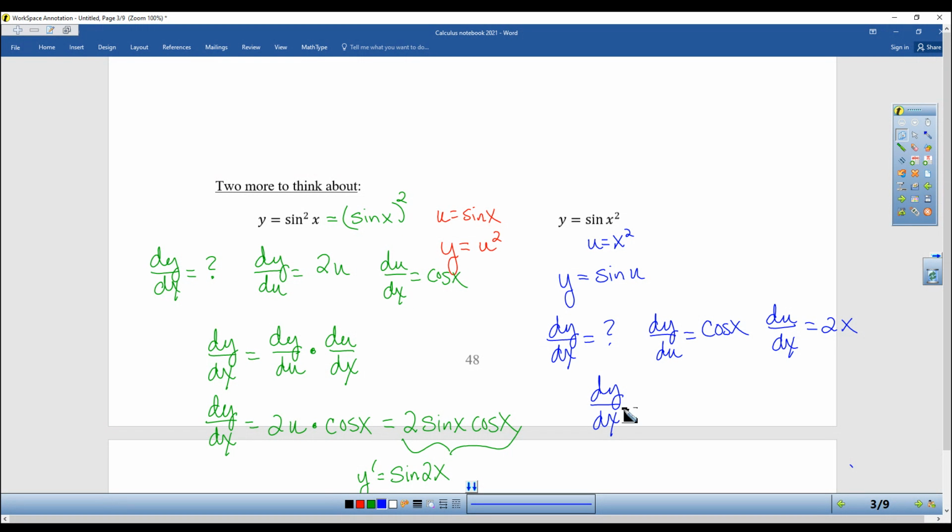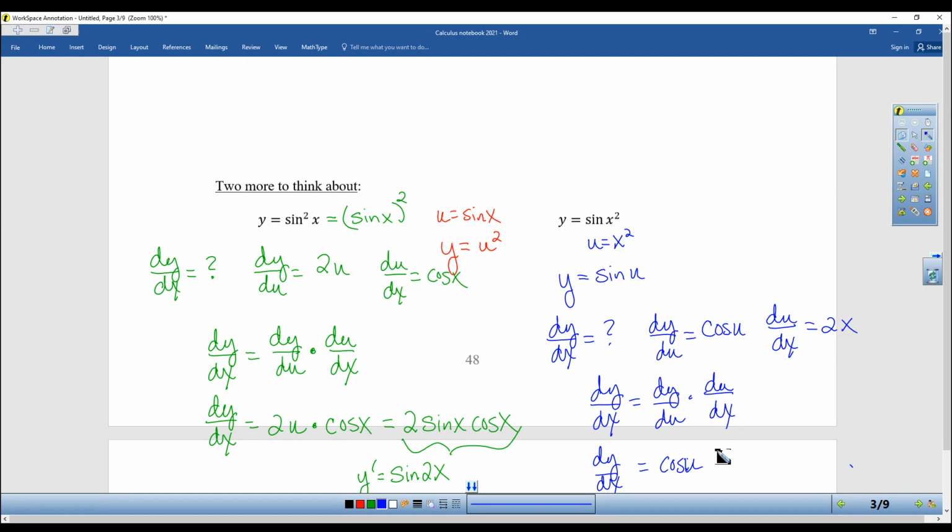So dy/dx is dy/du times du/dx. dy/dx is equal to dy/du, cosine of u, du/dx, 2x. Oops. Look at that. I made a little tiny mistake there. Cosine of u. We were taking the derivative with respect to u.